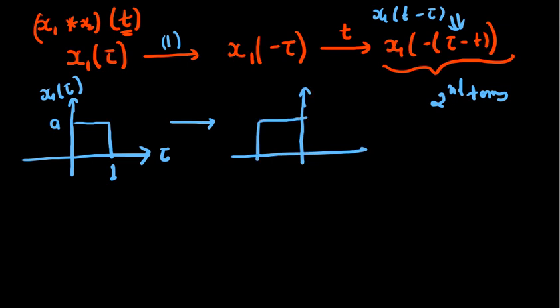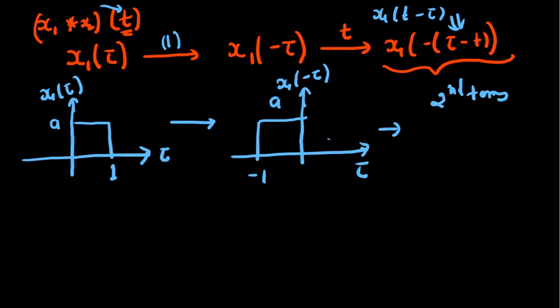So this is your x1 of minus tau. Then you have to shift it by some amount, right? And that amount depends on the point at which you want to evaluate your convolution, x1 convolved with x2 evaluated at t. So if you want to evaluate at t, you have to give that much of shifting, right?